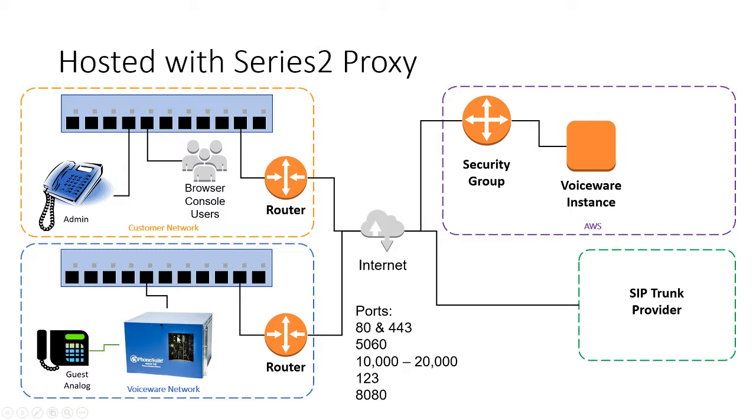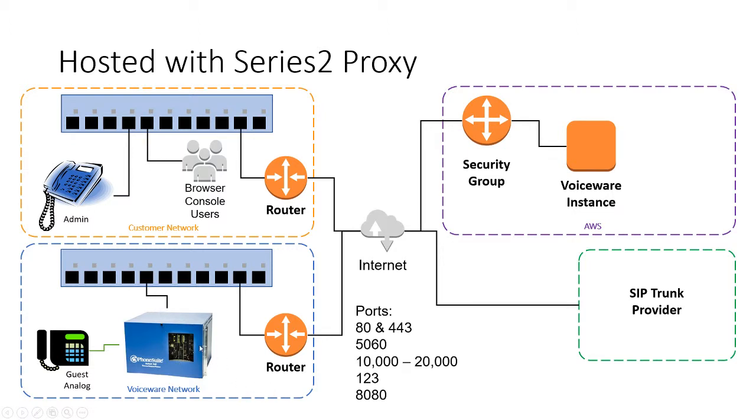So not only is this Voiceware proxy a gateway for your analog rooms, it's also a gateway for your PMS connection. You would connect the PMS serial cables to this Voiceware system here, and it would translate the serial connection over to an IP style connection and send that information, for example, a check-in or a checkout.